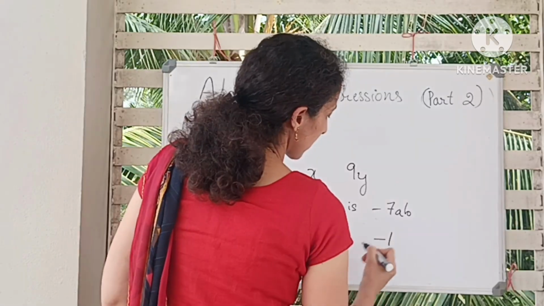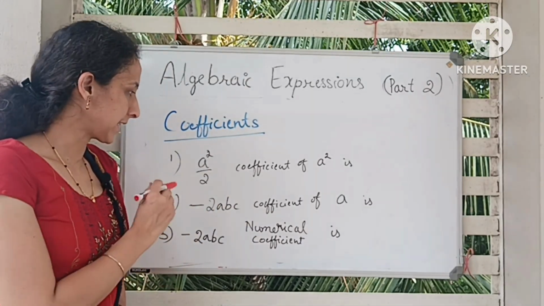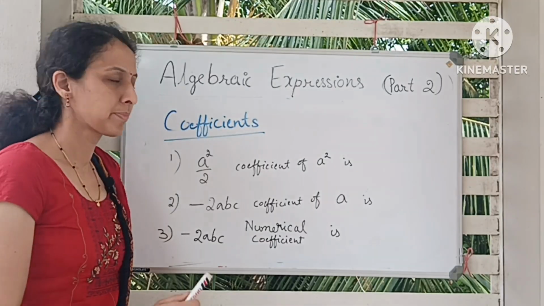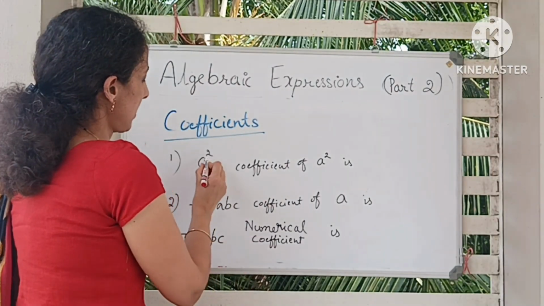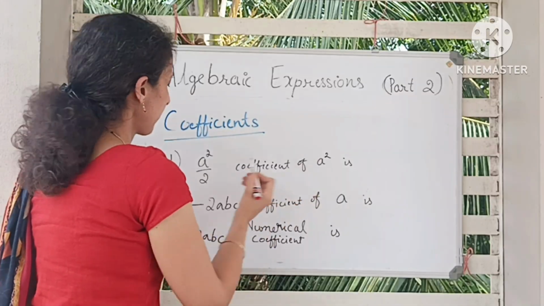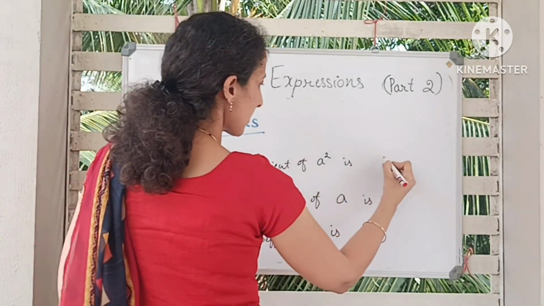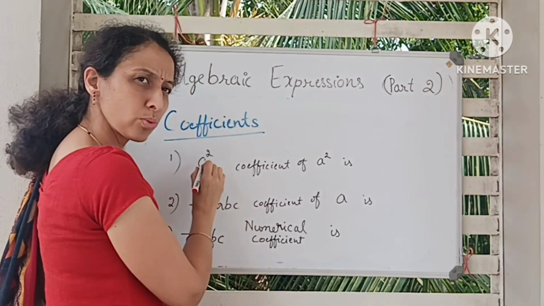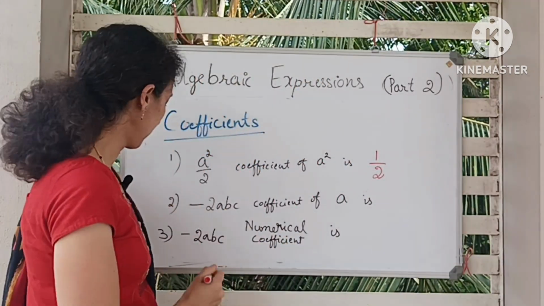that is why the coefficient of x square is minus 1. Here are 3 problems for identifying the coefficients. Pause the video and find it yourself. Now let's see. The coefficient of a square, in this a square divided by 2 is, this is 1 by 2 into a square, that is coefficient is 1 by 2.